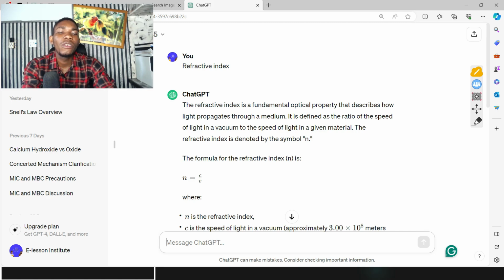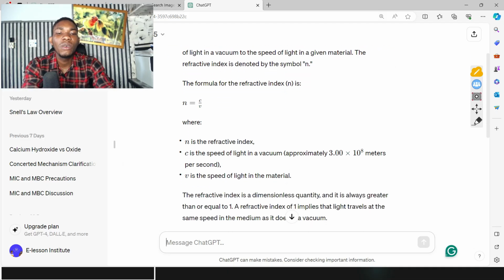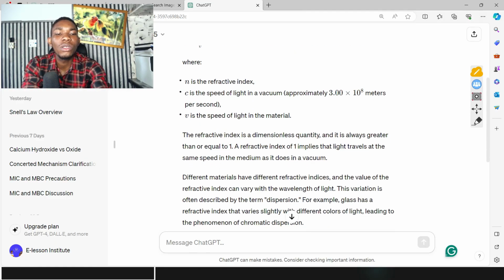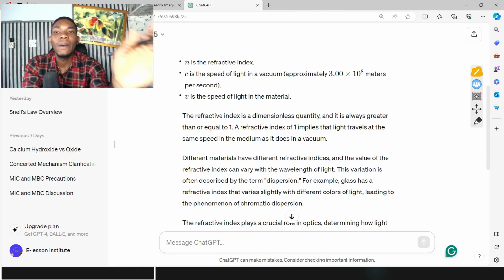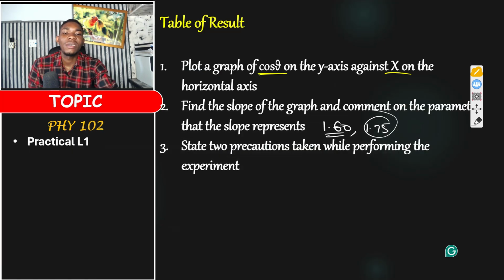The formula is n equals c over v, where n is the refractive index, c is the speed of light in vacuum, and v is the speed of light in the material. The refractive index is a dimensionless quantity and is always greater than or equal to 1. A refractive index of 1 implies that light travels at the same speed as it does in a vacuum. All these other things you can write to make up your work, but it's not really necessary.